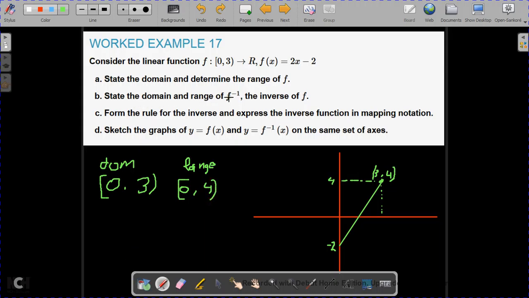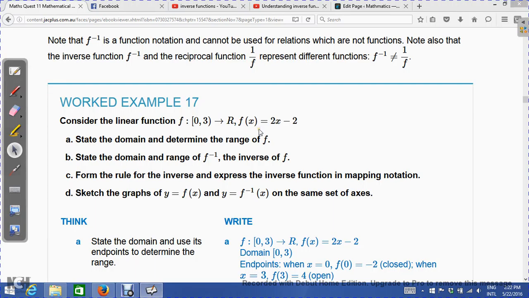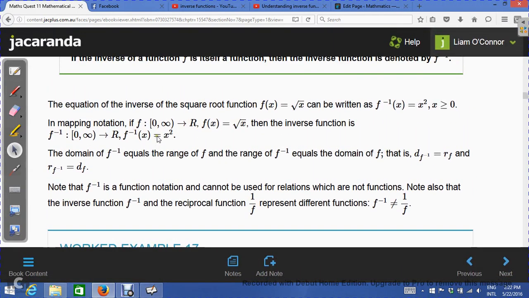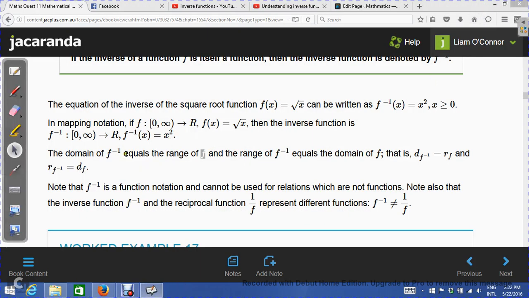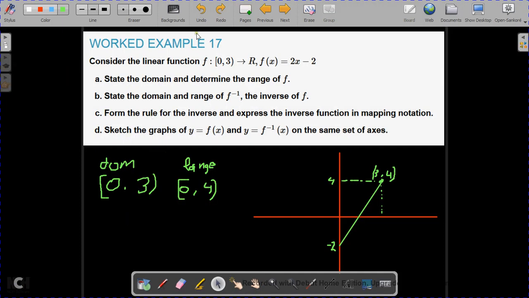State the domain and the range of the inverse function. So if we go back to some definitions here, the domain of f inverse equals the range of the original function.